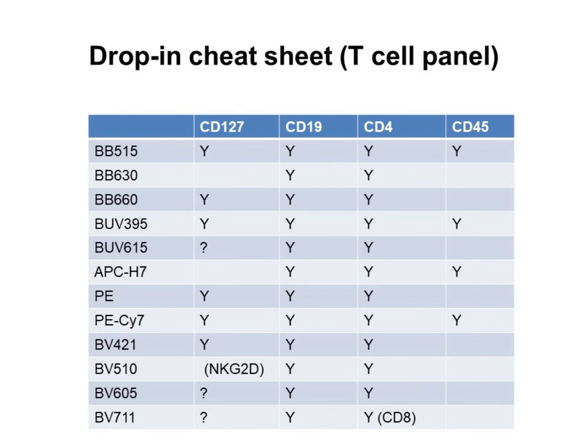If you have to use the channels which are free, while the core panel is using the other channels, it shows which one you should use for which level of expression of the marker. You can use this as a way to design your panel.